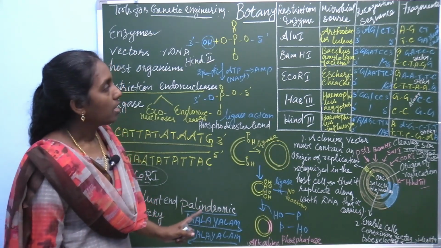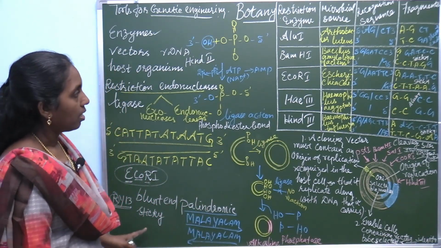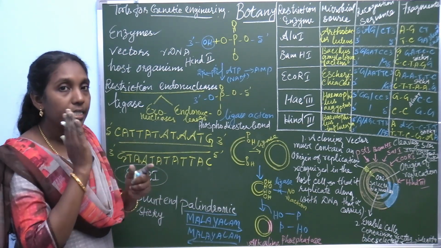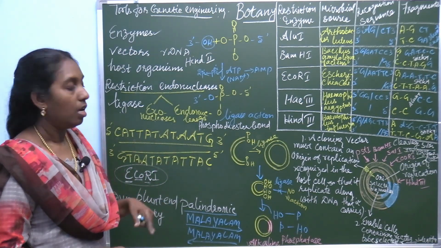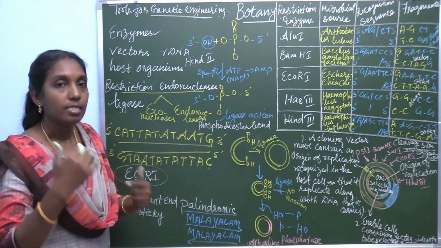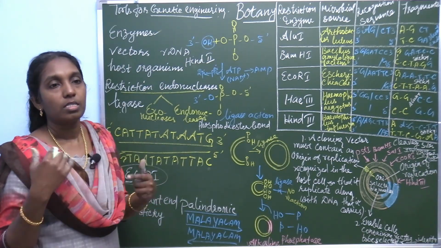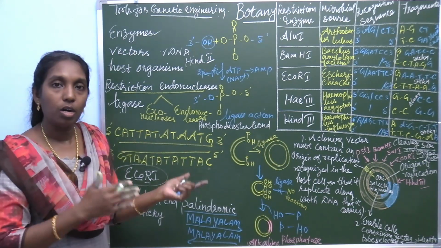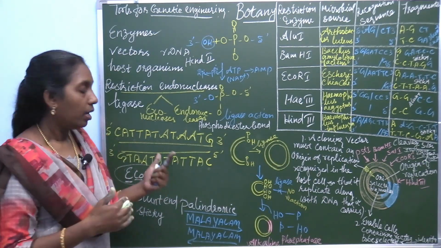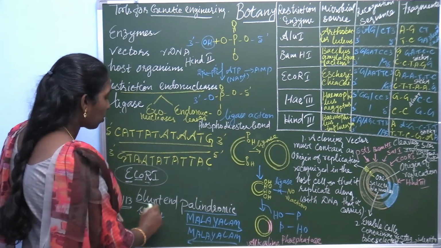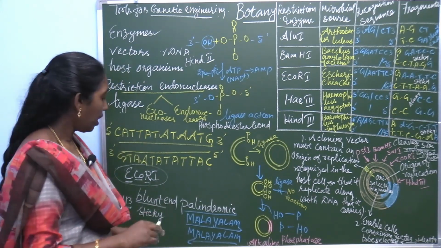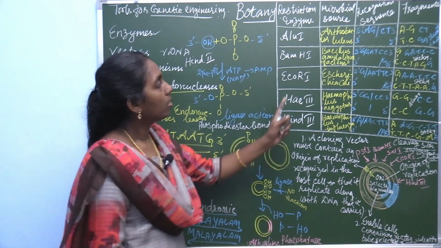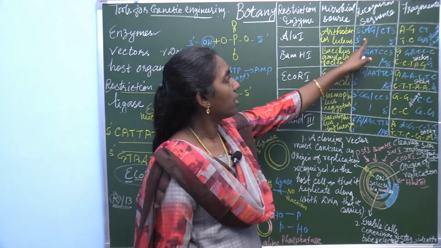Blunt end cuts in the center of the sequence, sticky end at the surface. If it cuts in the center, it is called a blunt end or flush end; otherwise a sticky end or cohesive end.